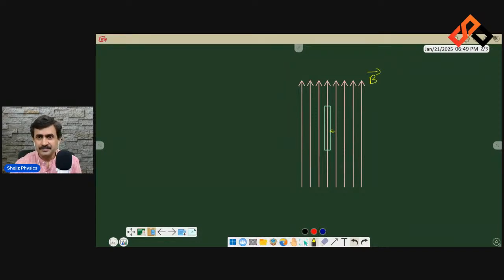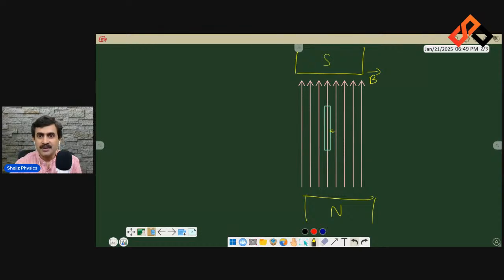Okay, now here also you should understand that there will be a magnet whose north pole is placed here, and there will be a south pole placed here. That is the meaning. Whenever you see a uniform magnetic field like this, you should understand that at the point from where the arrows are originating, there will be a strong north pole, and where the arrows are getting terminated or directed towards, there will be a south pole.